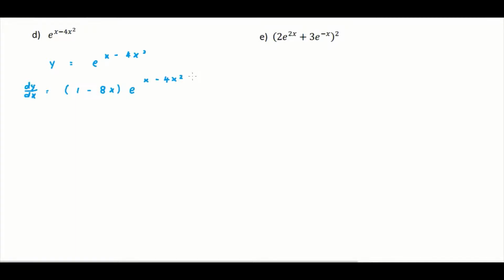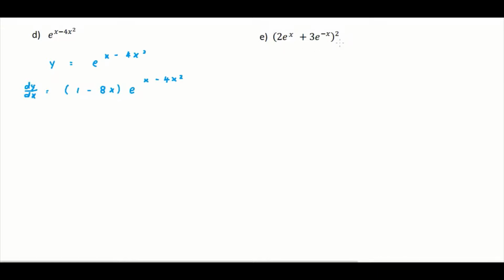Okay, then after that, let's move on to e. For e, you have two ways to do that. When you look at this one, you can decide whether you want to expand it first or treat it as a composite. Both ways you get the same answer. It is the same with a normal function, even without a natural base, for example 3x plus 5, then the whole thing to the power of 2.